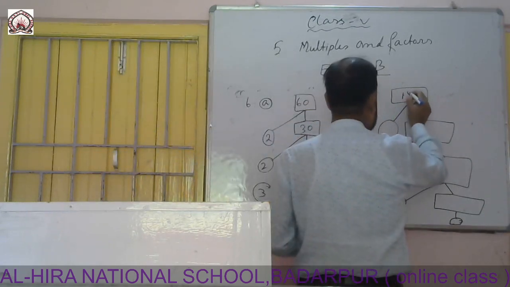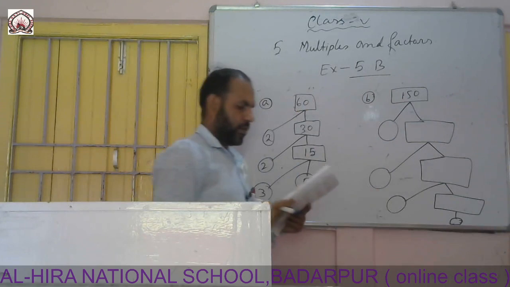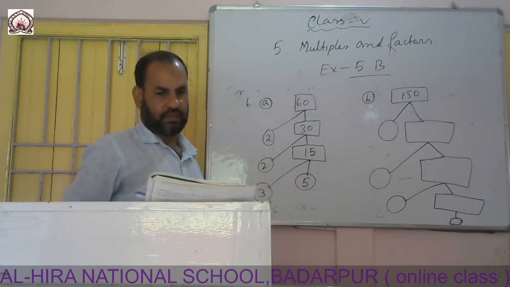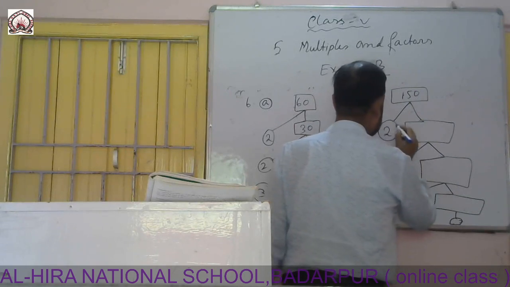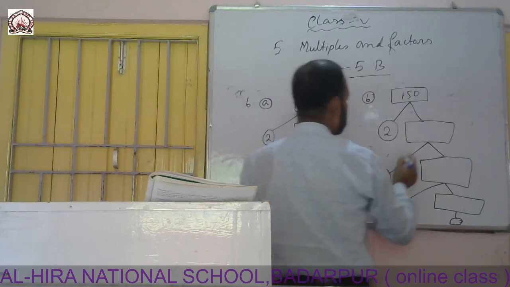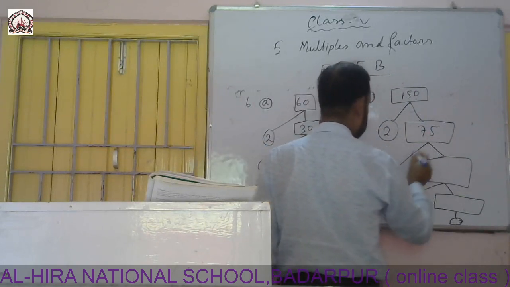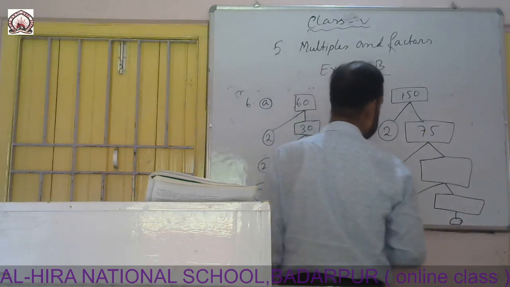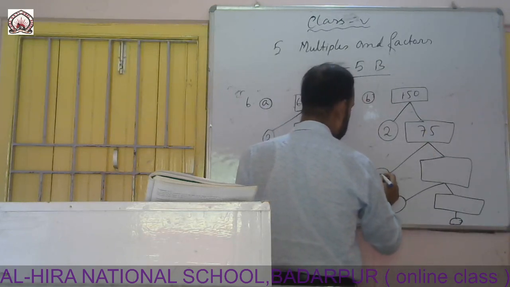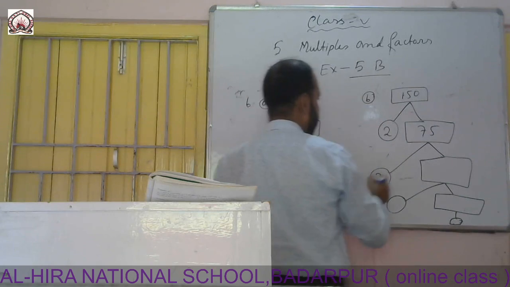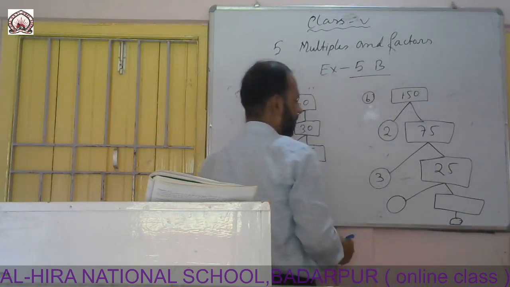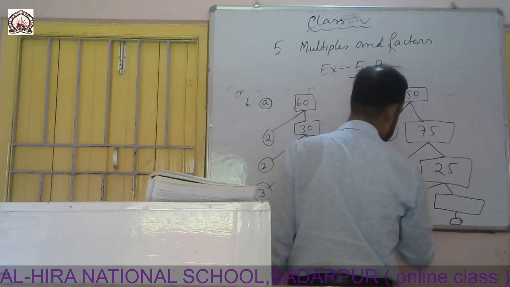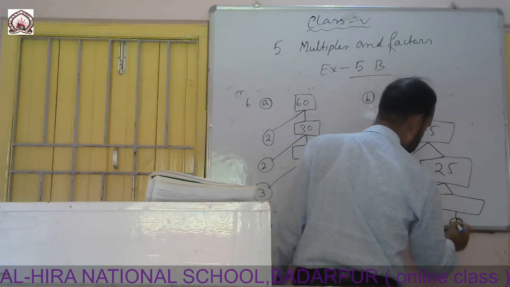Inside the circle we write only prime factors. 50 is an even number, divisible by 2: 2 25s are 50. Now 25 is odd, so we divide by 5: 5 5s are 25.